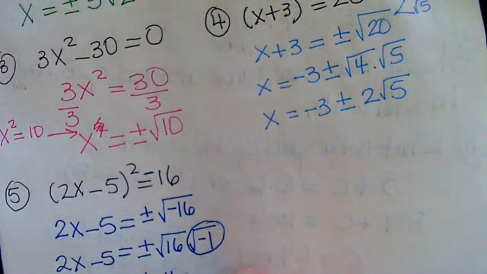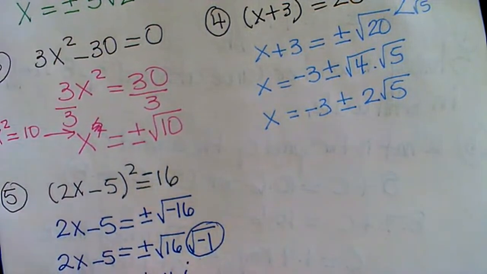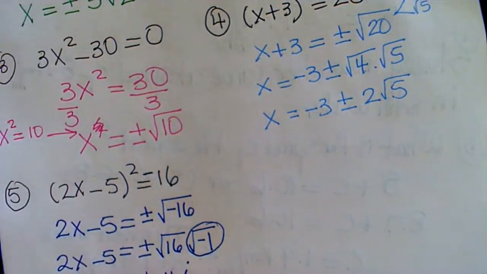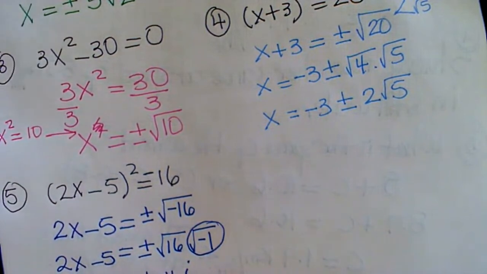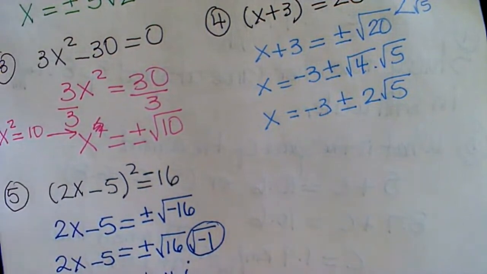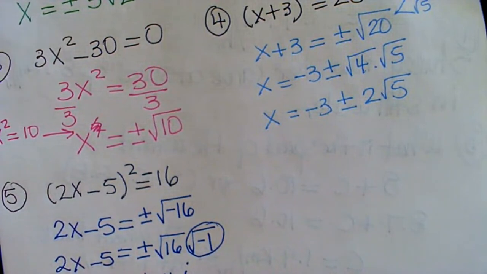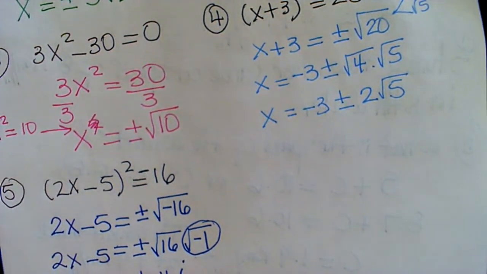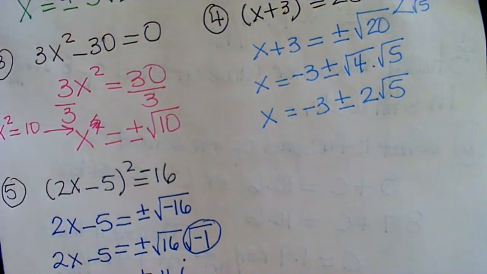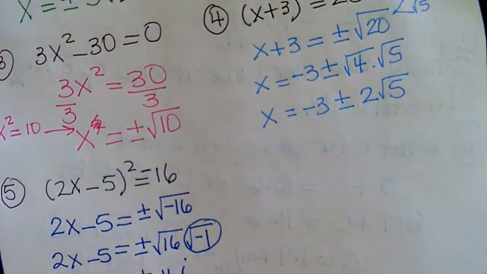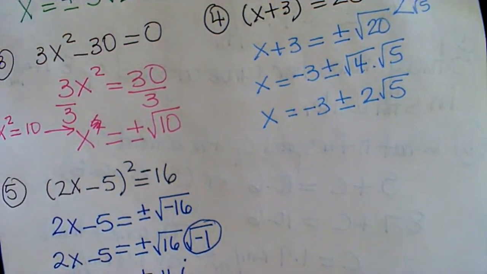And what is the square root of negative 1 equal to? i. So 2x is going to be equal to 5 plus and minus 4i. Now, if I divide by 2, x is going to be equal to 5 plus and minus 4i, divided by 2.